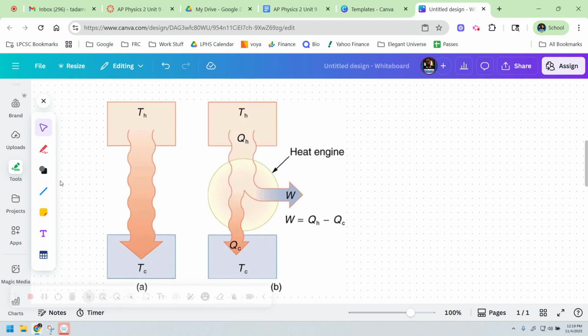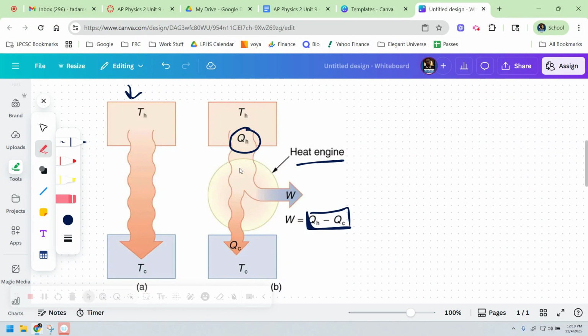Because the second law says that heat is always going to flow in this direction. Sometimes we could plop in a heat engine right here. And what the heat engine allows us to do is actually get some work done. Now the work done is the difference between the two heats, right? So I have some heat here, that's the hot or warmer temperature.